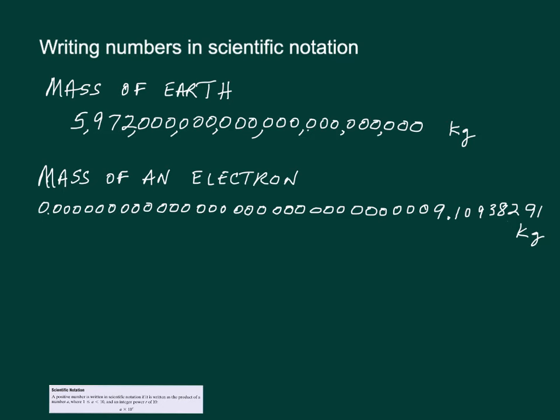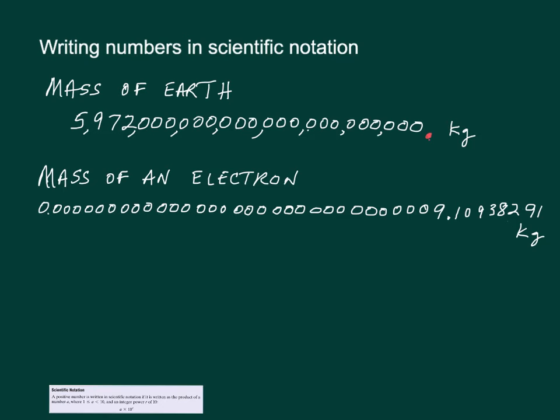But if I were to move the decimal from where it is, now where's the decimal? Because this is a whole number, the decimal is back here where I'm putting this pink spot.